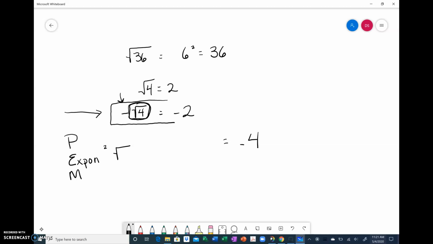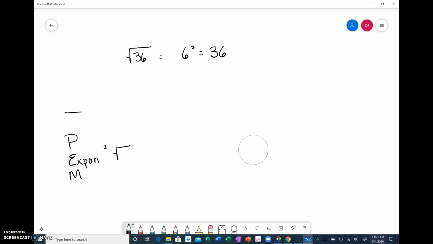All right. One other thing I need to explain to you, and you will see this in example 1. You know that 6 squared equals 36. If I square negative 6, if I say negative 6 times negative 6, you should remember that negative times negative is a positive, right?